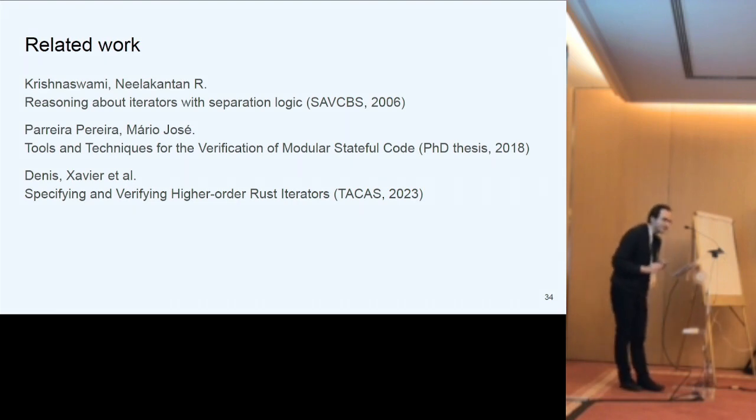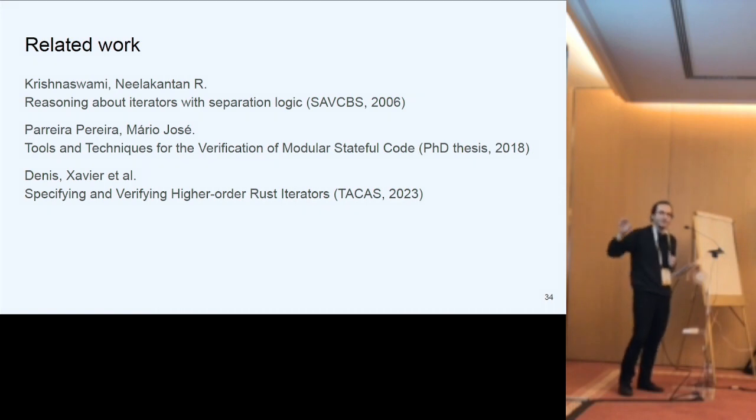I will briefly discuss some related work. There was an old challenge in 2006 about specifying iterators. One of the solutions was reasoning about iterators with separation logic, which was a rather manual approach. In 2018, there was a much nicer, or rather more automated, approach, which has similar ingredients to what I described, but it's not general enough to describe, for example, composition of iterators, or to talk about the state of the iterator as it evolves.